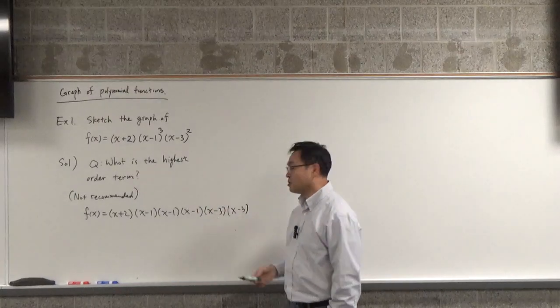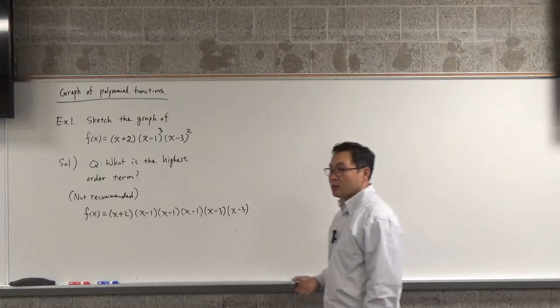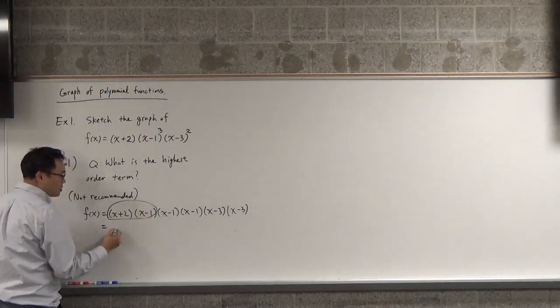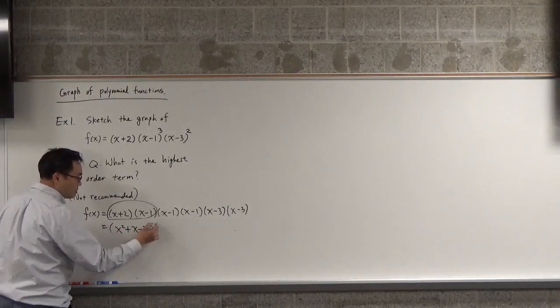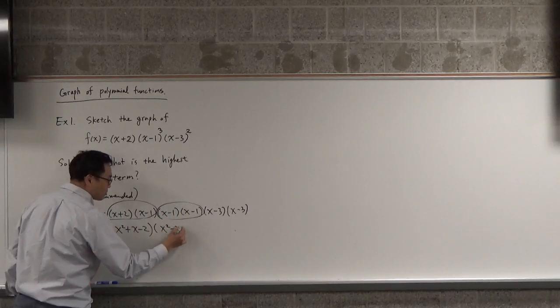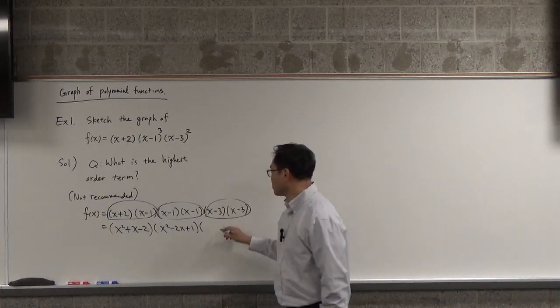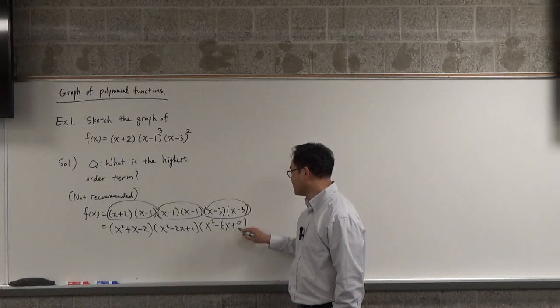Square means you multiply it twice, right? And if you multiply this one, it's going to be x squared plus x minus 2. If you multiply this one, it'll be x squared minus 2x plus 1. And if you multiply this one, it's going to be x squared minus 6x plus 9.